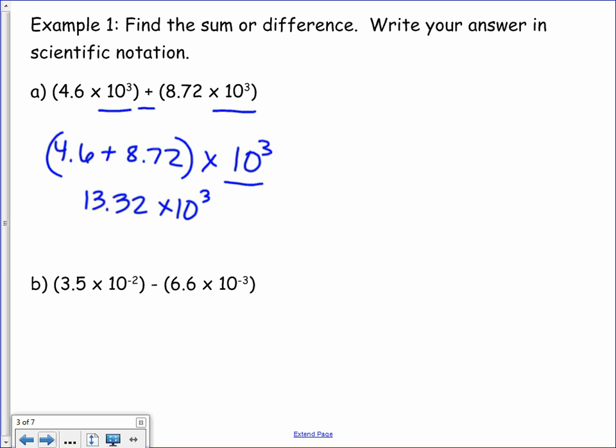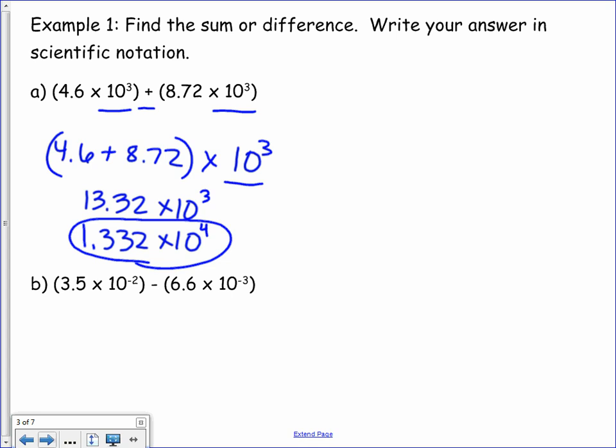Now, 13.32 is not less than 10, so we can use the note that we just had here, where in order to rewrite this into scientific notation, we know it has to turn into 1.332, okay? Now, to figure out what our new exponent will be, we had to move this 1 place to the left, so we have to add 1 to our exponent. So 3 plus 1 is 4.